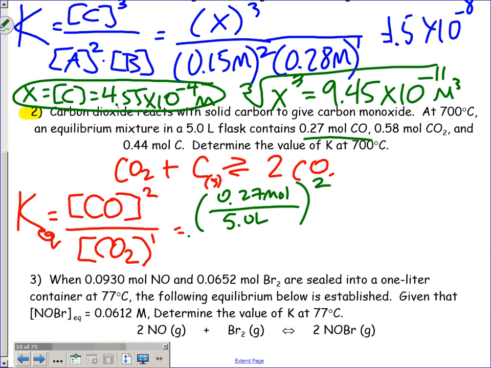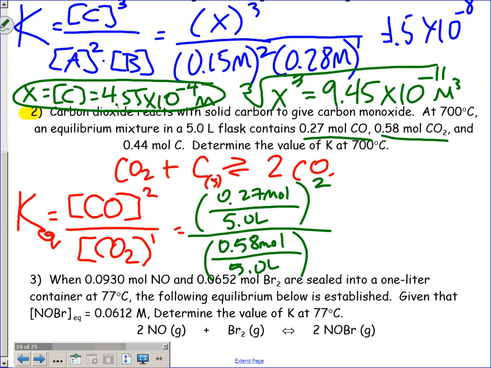Square that over 0.58. Let me squat so that I'm not in somebody's way. Over 5 liters, because that's our molarity, right, to the first power. Go ahead and calculate. And see where at. There it is.